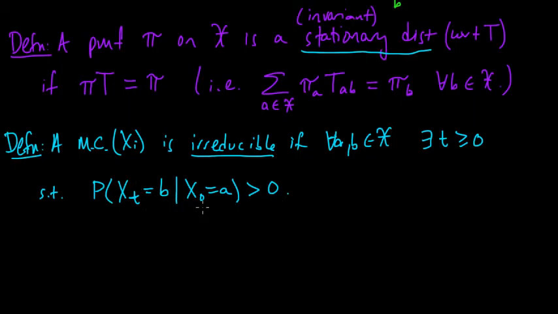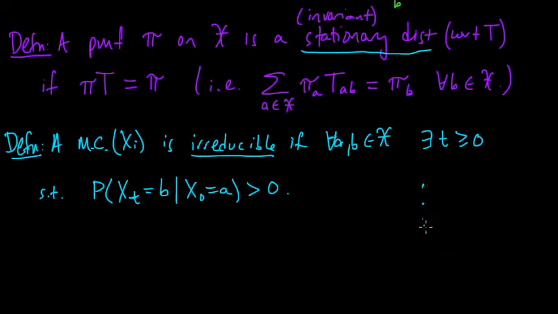This isn't saying that we definitely will, but this is saying that with some positive probability, at some time we will get to B. So there's at least a positive probability of it happening. So intuitively, you could think about that, B can be reached from A. If you start out at A, then you can reach B.